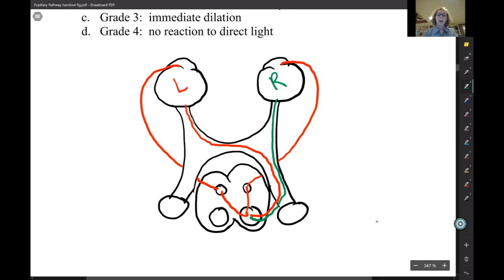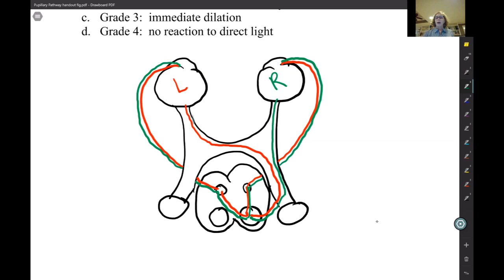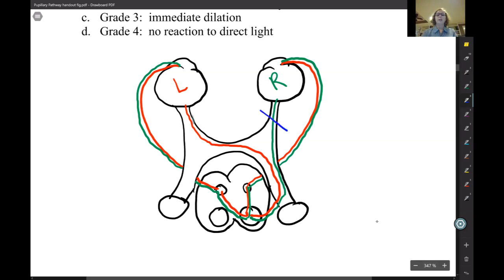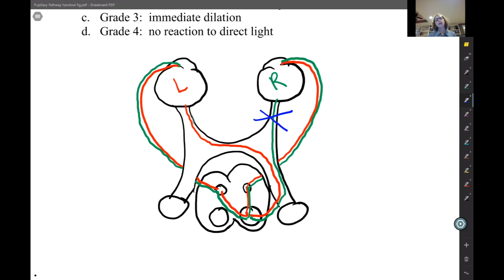From there, we're going to have a signal going to both Edinger-Westphal preganglionic areas, and then through cranial nerve 3 to the iris sphincter on both sides. However, if we have a lesion of the right optic nerve, then note that no signal is going to get back from the right eye to the pretectal nuclei.